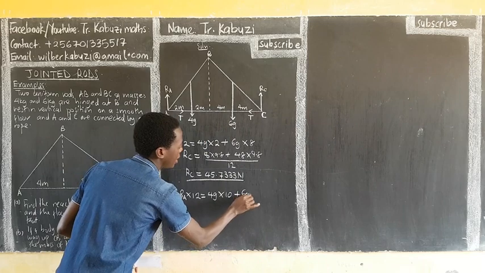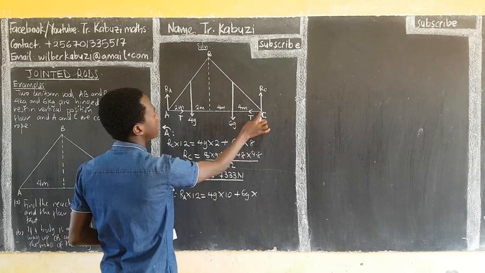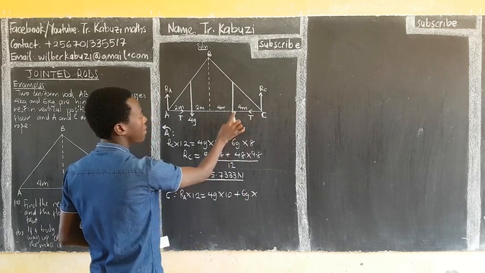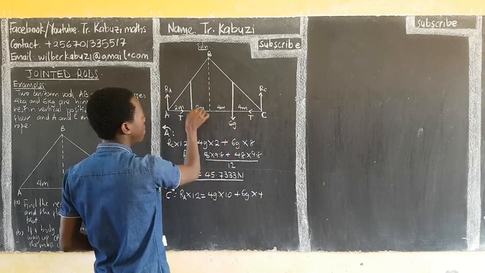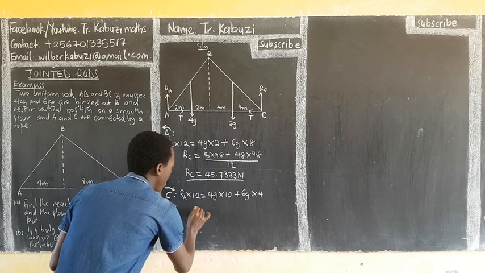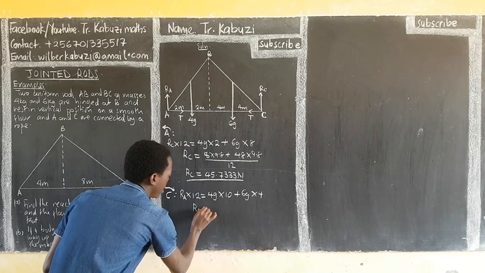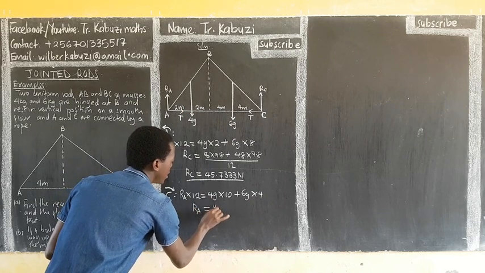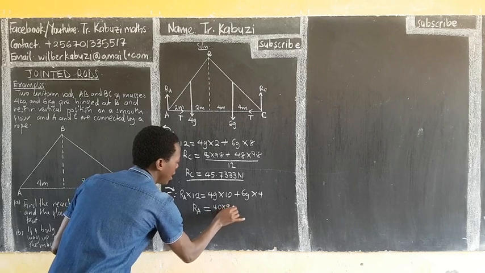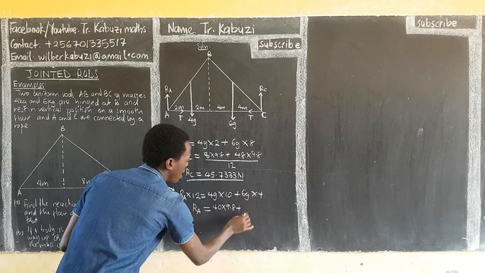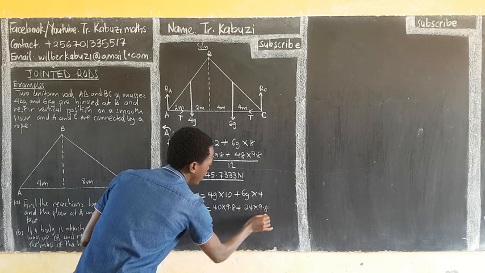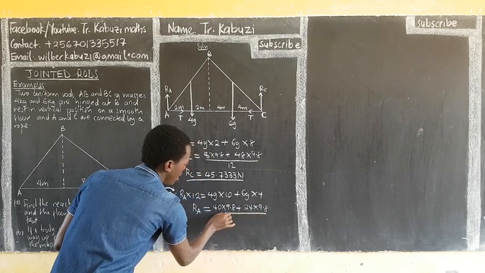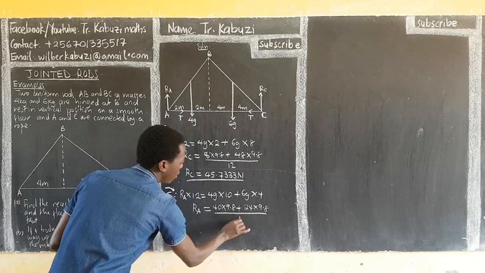I get 6g times, from C, the perpendicular distance from here up to here, which is 4. Why is it perpendicular? Because you see this is perpendicular there. So my RA is going to be 40 times 9.8, plus 24 times 9.8, all divided by 12.